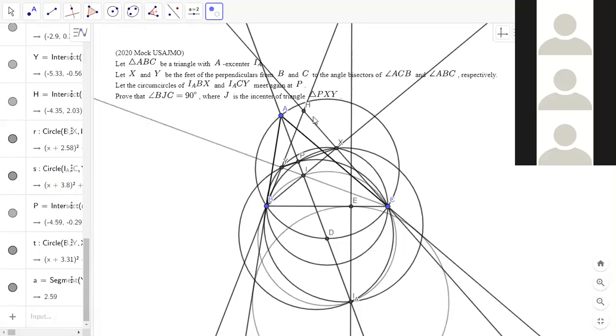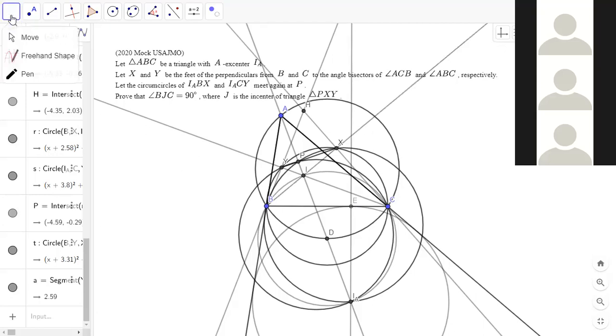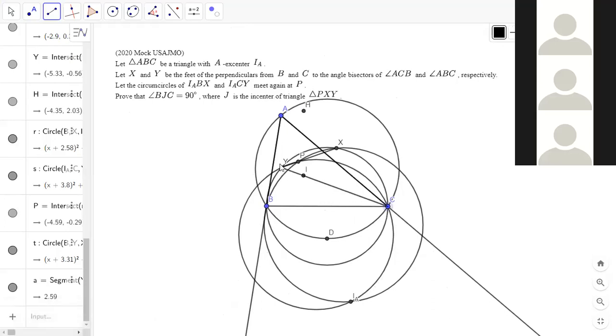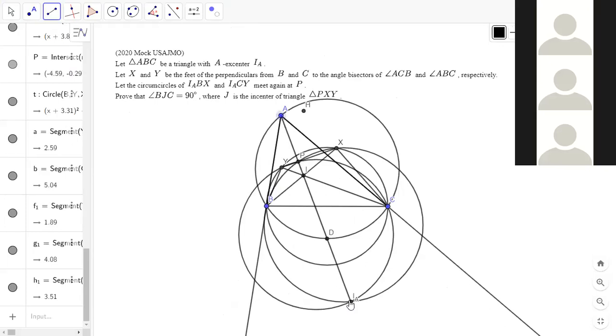I'll hide a bunch of stuff, but I wonder if the problem is correct. That's weird. I probably don't need this point H. I'll hide it for now.